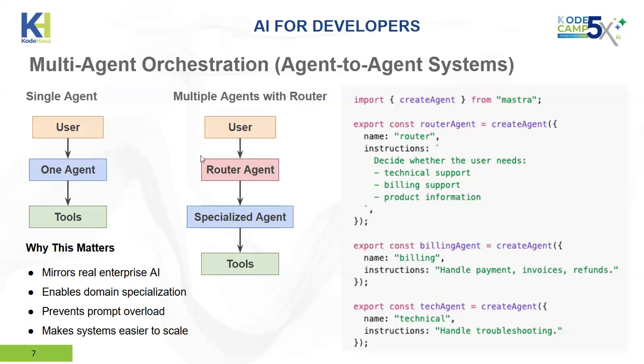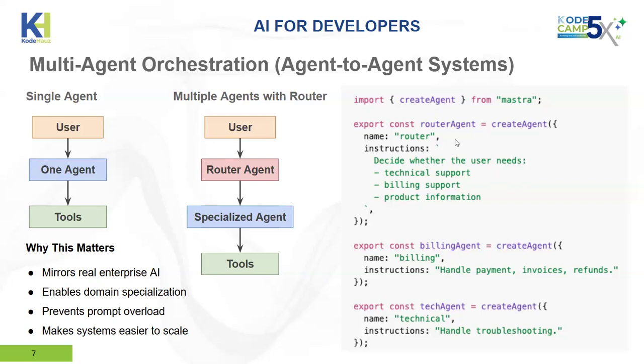So this router agent is the one that is orchestrating all the other agents. The specialized agents, there will be a lot of them, and each of them has specialized tools, tuned prompts, memory, and other things. So the main task of the router agent is to figure out what to do.